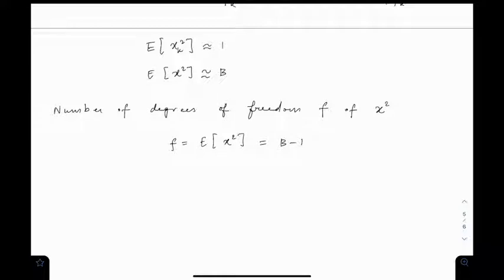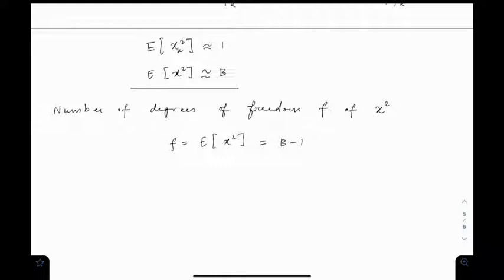Originally we had set the expectation value of chi-square as approximately b, but this relation overestimates chi-square slightly. A smaller value, b minus 1, is plausible because the individual deviations are somewhat smaller than 1. So in the limit of a single bin, the mean deviation is not 1 but 0.